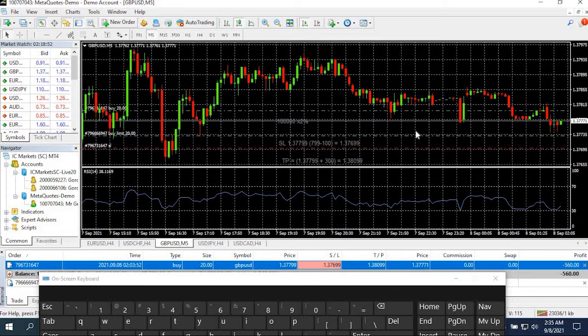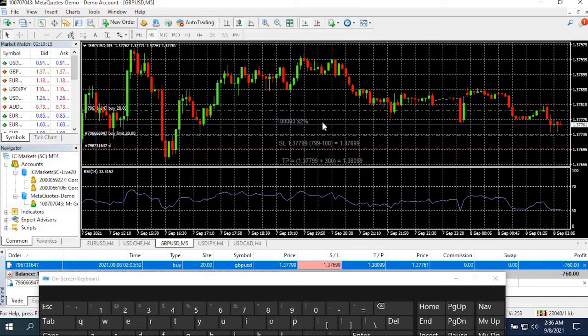So with a 1 to 3 risk to reward ratio, I am risking 100 pip to make 300 pip, right? So with an account size of 100,000, when I find 2% of the 100,000, I have $2,000, right?